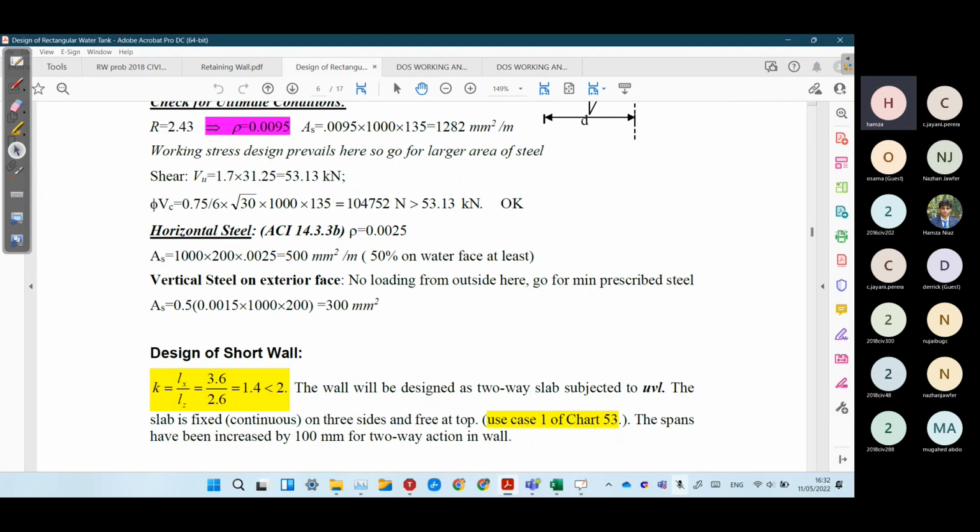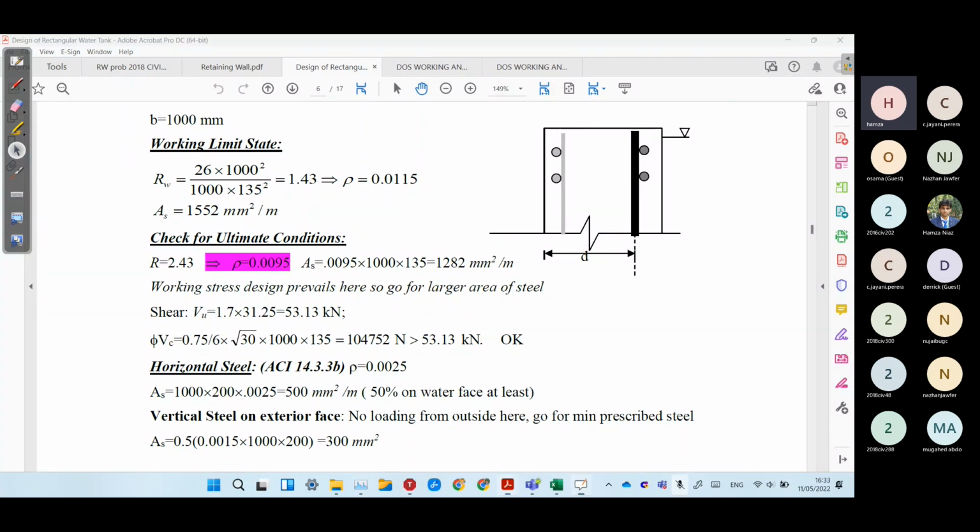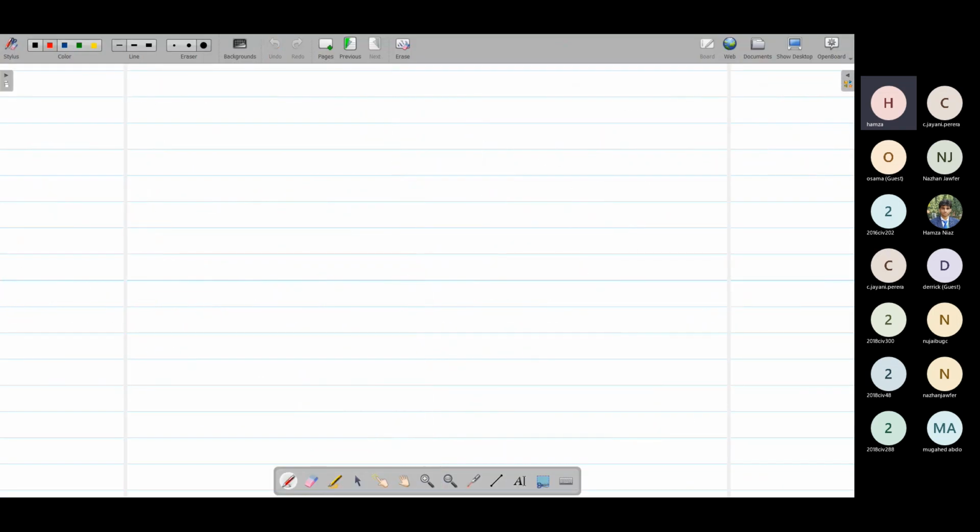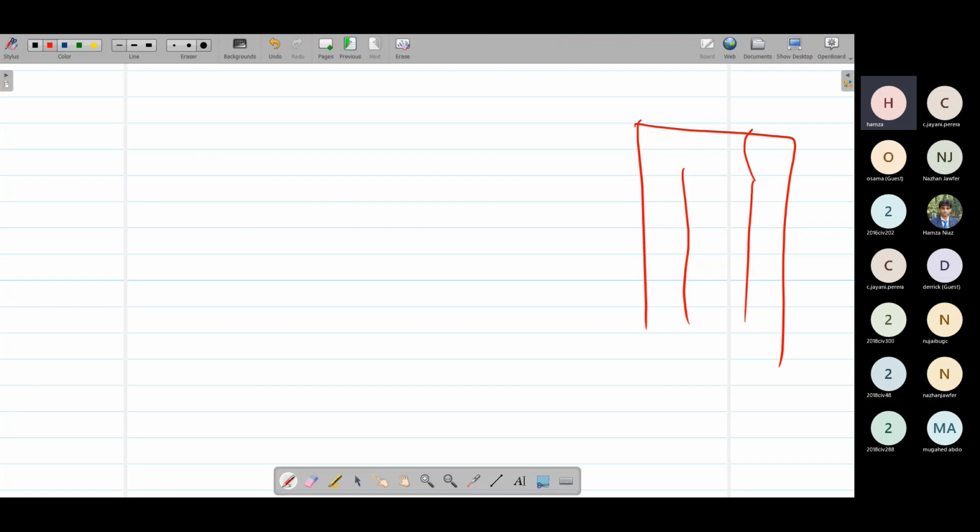This was the main vertical steel. Now we are left with the vertical steel in the other direction, the non-critical vertical steel. We designed this one, now we are going to design this one.